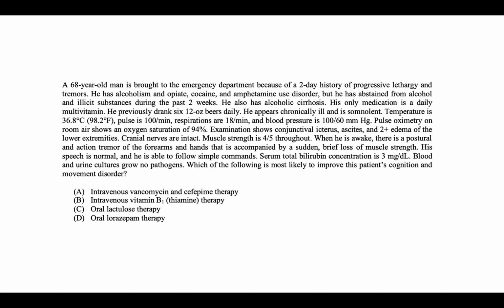The classical teaching for Wernicke encephalopathy is a beer can. So a can of beer or a beer can. The C is confusion, which he has. A would be ataxia, and N is nystagmus. And so they would sell that pretty hard in the question.